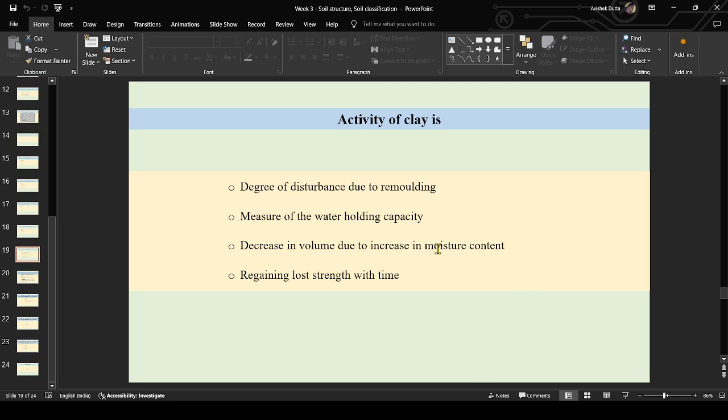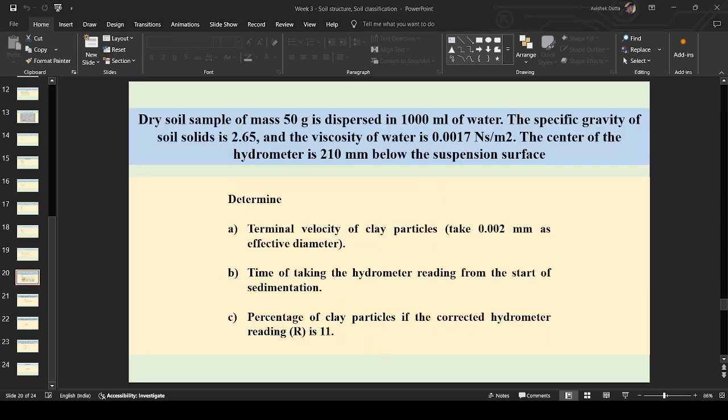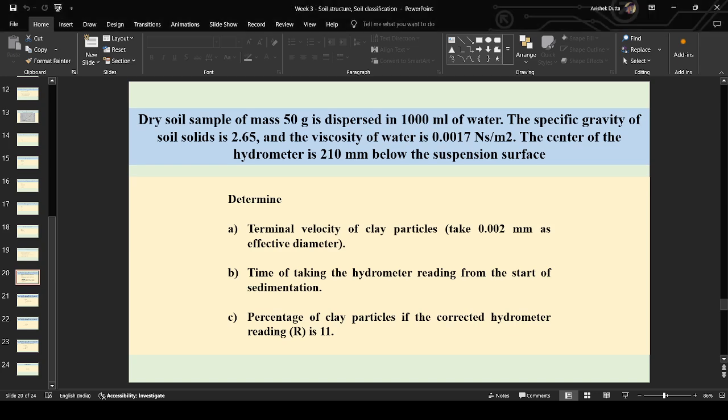Okay, last question. This is a numerical based on the hydrometer analysis of fine grained soils. You can write down the question or take a screenshot, whatever you are comfortable with.